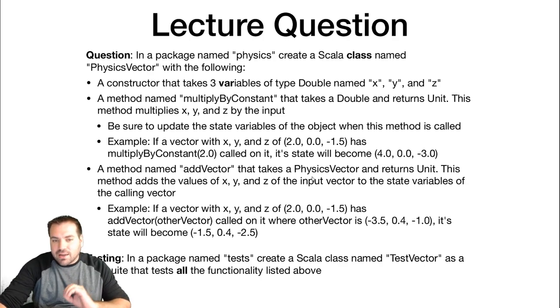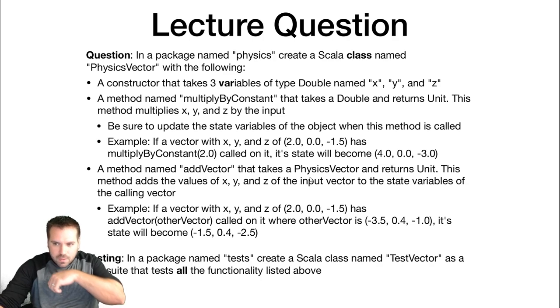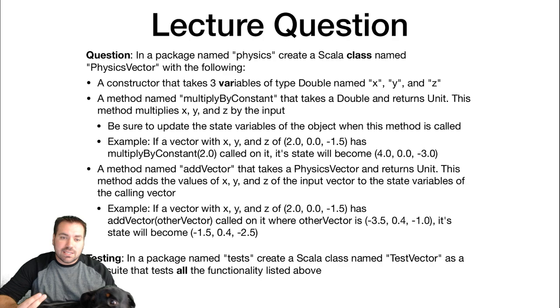This is going to take another physics vector as a value, and it's going to add the x, y, and z of that physics vector to the physics vector that this method was called on. So this method is only going to take one physics vector as its argument, or as its parameter, but it's going to have access to two physics vectors, since methods inside an object always have access to the calling object's state.